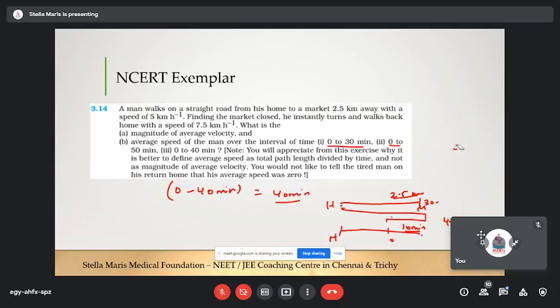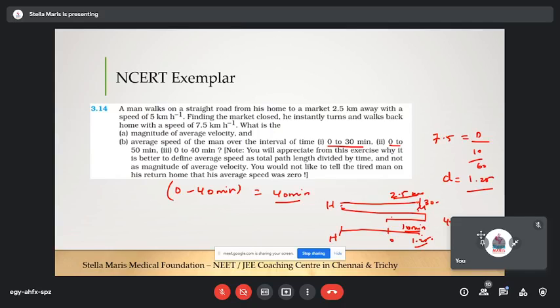So the return distance is 1.25. We know the speed is 7.5, so 7.5 equals distance over time, and the time is 10 by 60. Then the distance traveled between 30 and 40 minutes is 1.25.